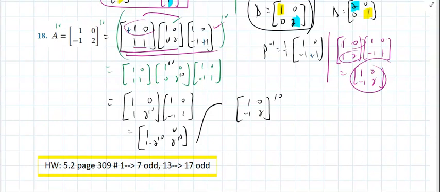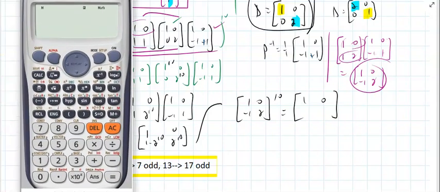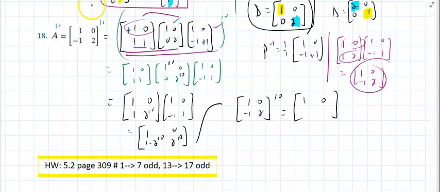If you multiply that by itself 10 times, remember you can't, that would be simply 1, 0. What is 2 to the 10th power? You could leave it like that, of course, but I just want to show you what it is. 2 raised to the 10th power is 1024.